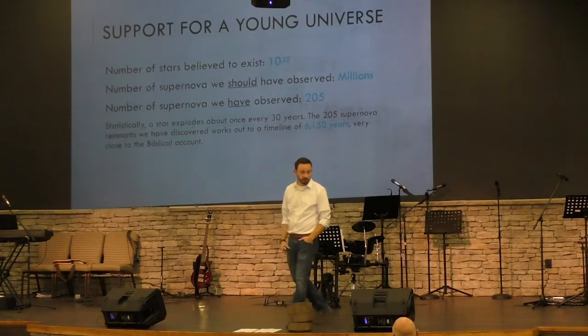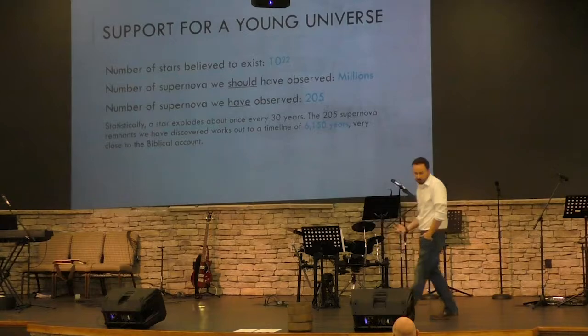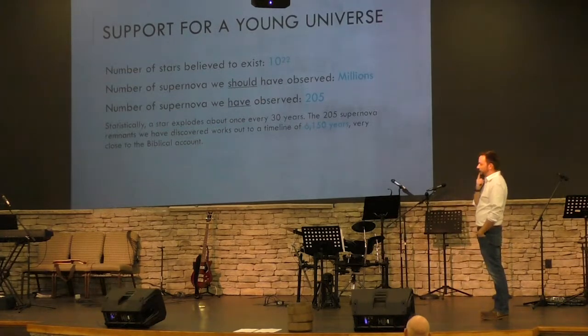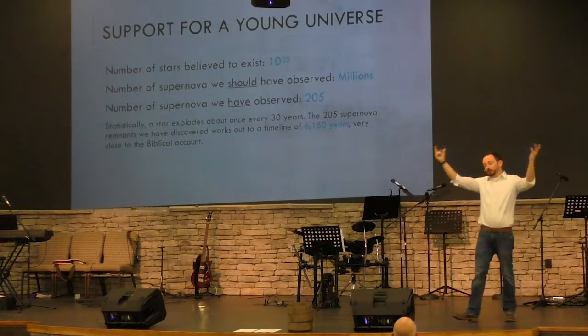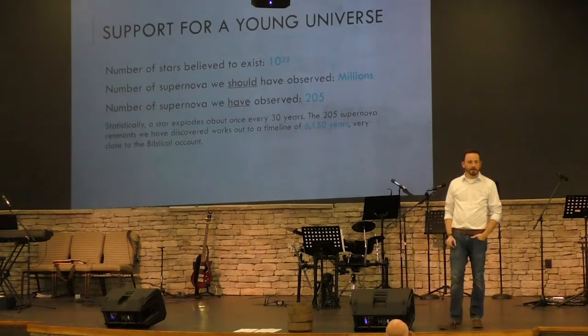You know, reasonably speaking. I mean, not exact to the year because we don't know. 6,150-year timeline to look at the supernova in the sky. That's a pretty good dating method. I mean, it's as good as anything we've got.